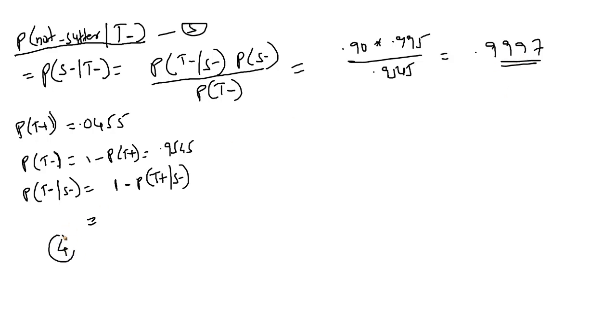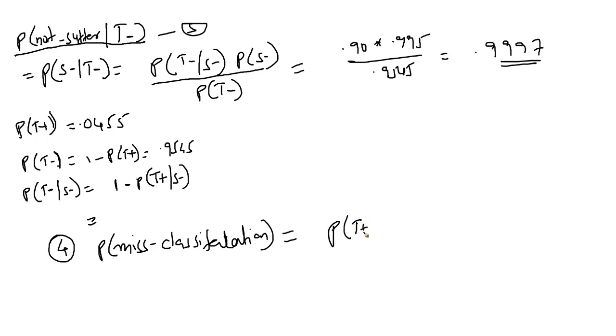Let's look at problem 4, which is probability of misclassification. So misclassification is when we have test is positive and the person is not suffering, or test is negative and the person is suffering.